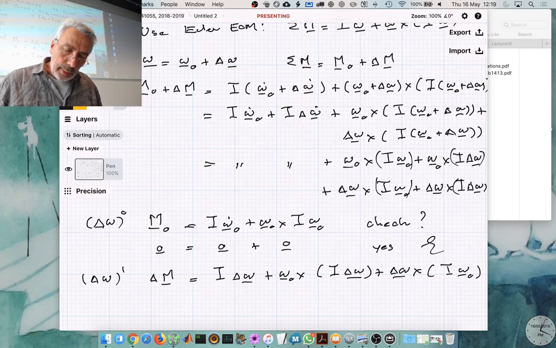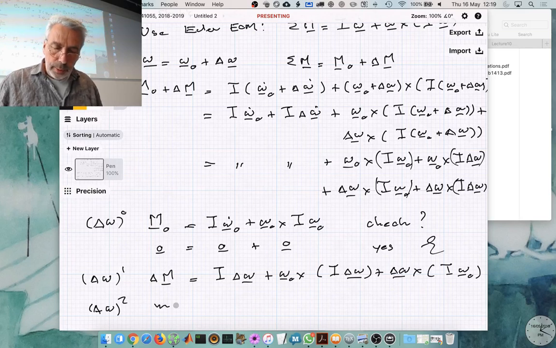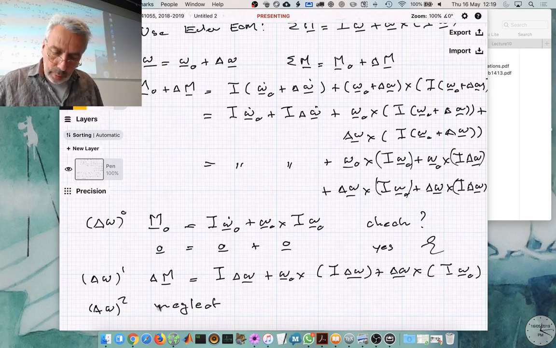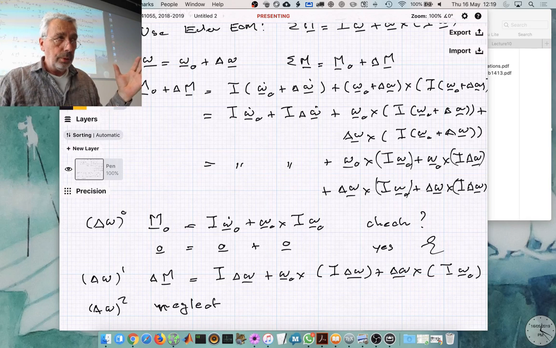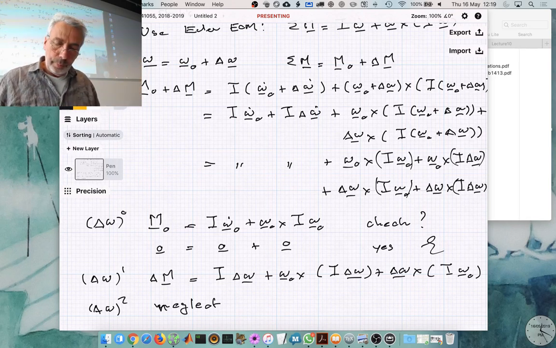And what do we do with the delta omega squared? Well, there's only one term, and that we neglect, because we are not interested in higher order terms. We are only interested in linear terms, or we linearize our problem.